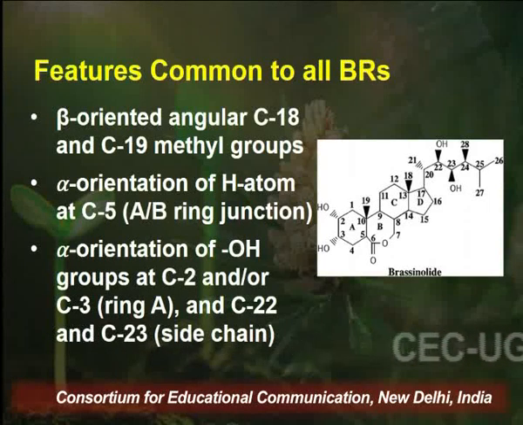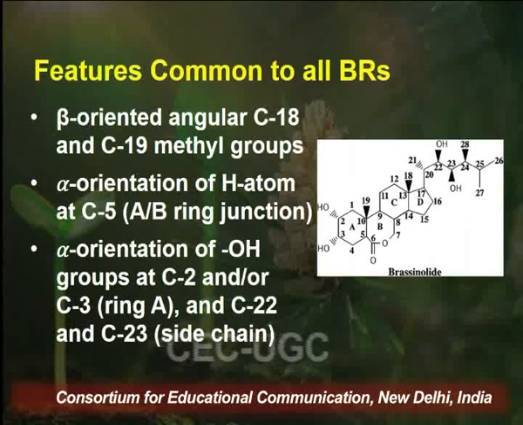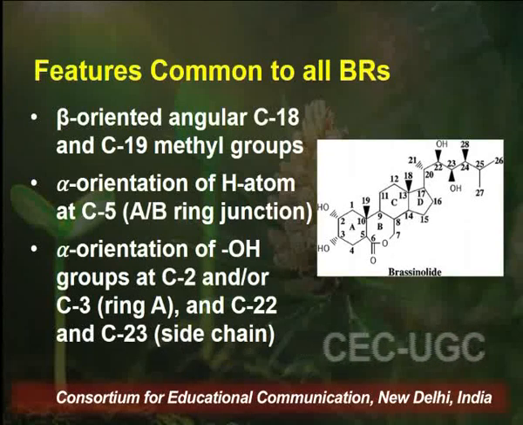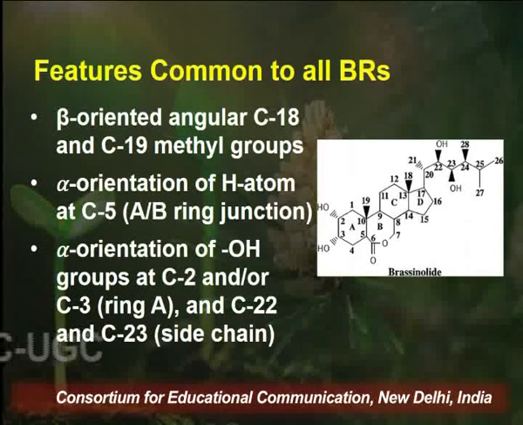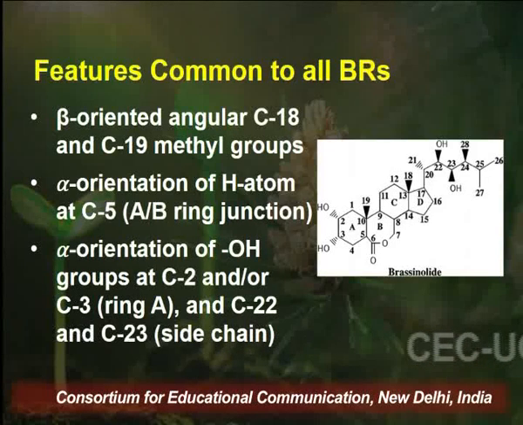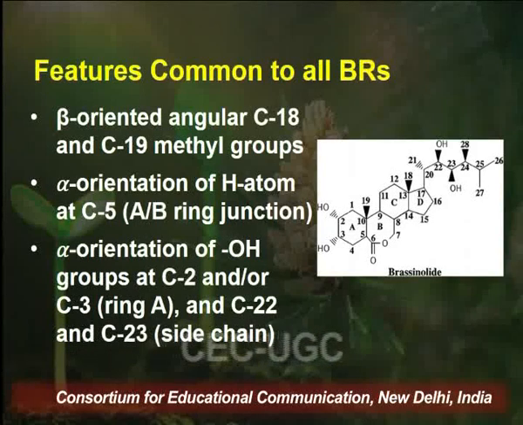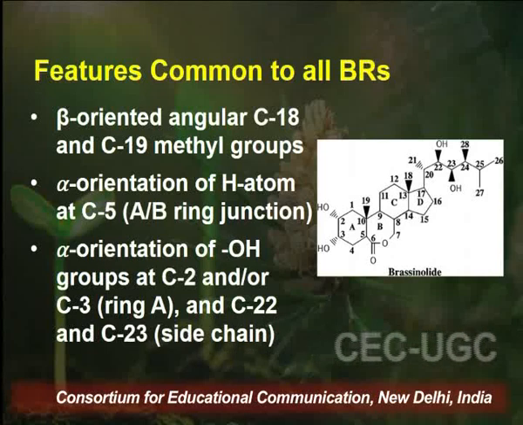The hydrogen atom at the junction of ring A and B, at the 5th carbon, has an alpha orientation. The hydroxyl groups at the 2nd and 3rd carbon in ring A and at the 22nd and 23rd carbon of the side chain are all present in the alpha orientation.